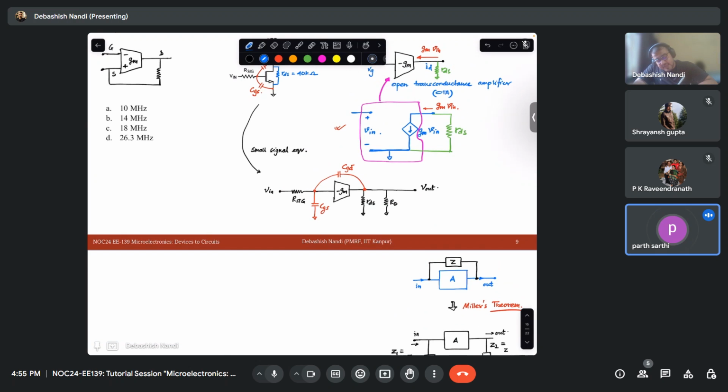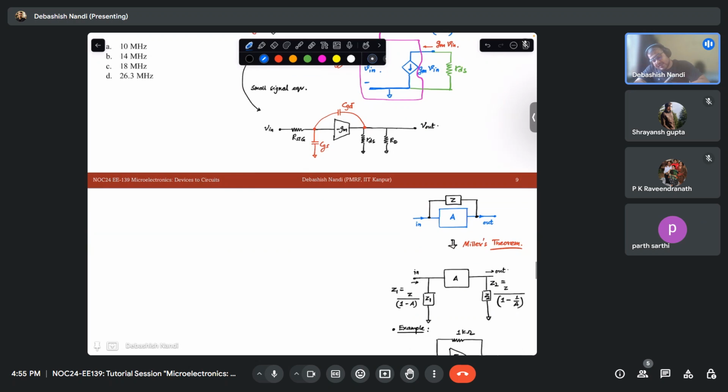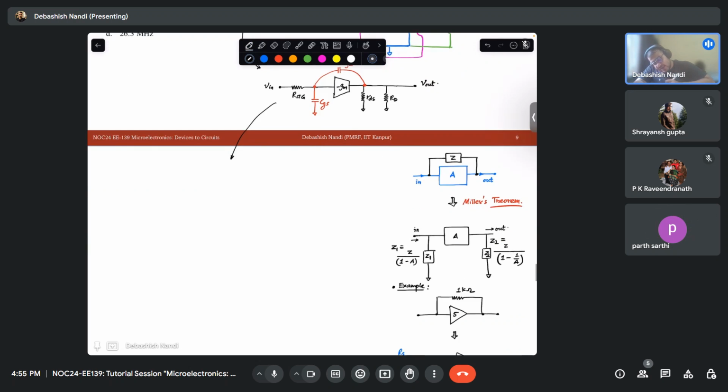So then for this CGD, this circuit, I can further draw an equivalent. So this is my CGS. This is my R signal. So I will have a capacitance here, let's say this is my C1.